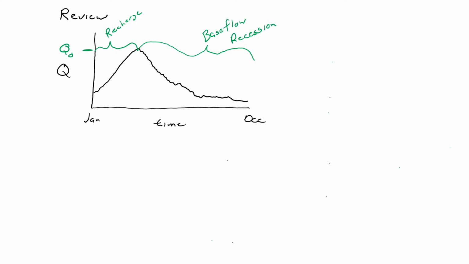That's our Q naught. That's the stream flow at the start of the base flow recession. And after that Q naught, you see a gradual tailing off of the stream flow as water that was recharged earlier in the year is now released back to the stream as stream levels drop.